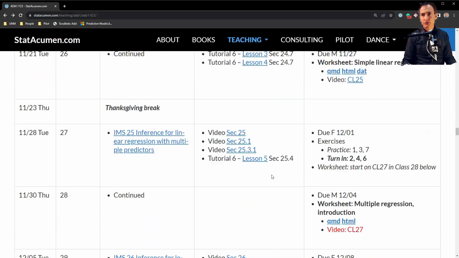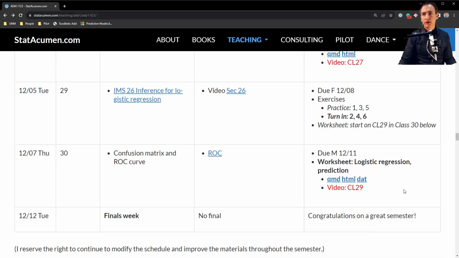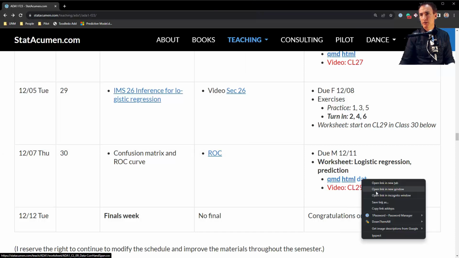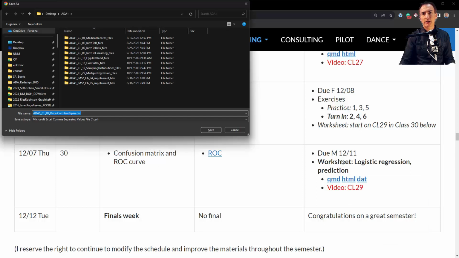In this video, I hope to get you started with using logistic regression for prediction. So we'll download the worksheets in our class folder for this, the QMD and the data. Now, it's possible that we've already downloaded this data in a previous assignment.